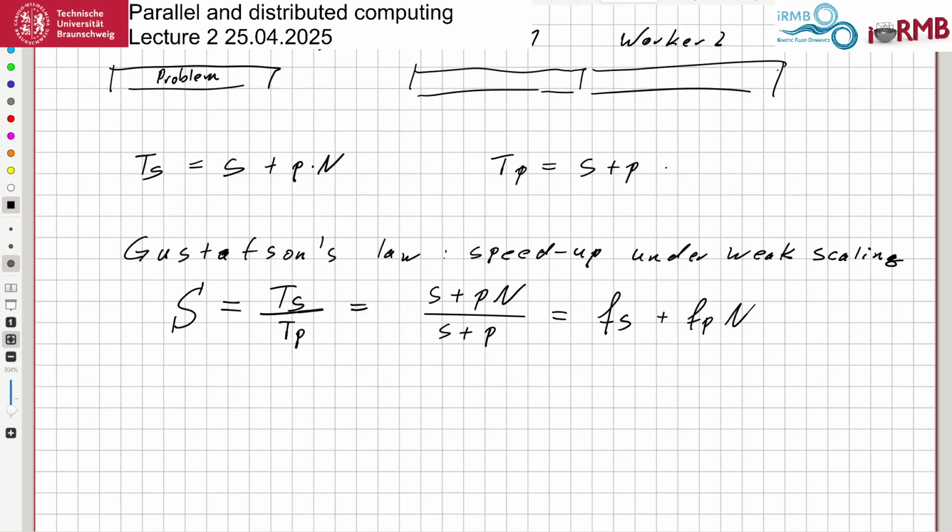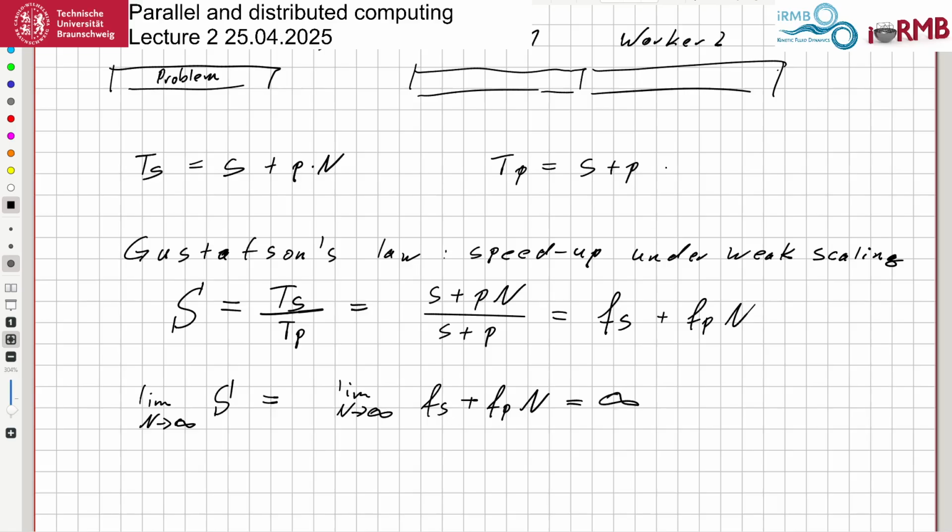Now, what is the speed up of this if you take the limit of N going to infinity? So remember, there's no communication involved in this. The limit N to infinity of Fs plus Fp times N is obviously infinity.